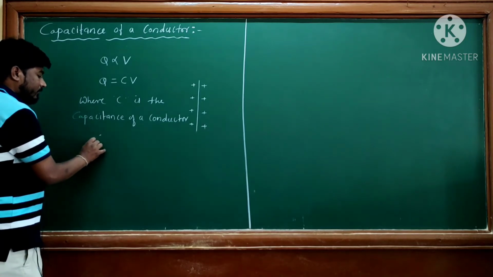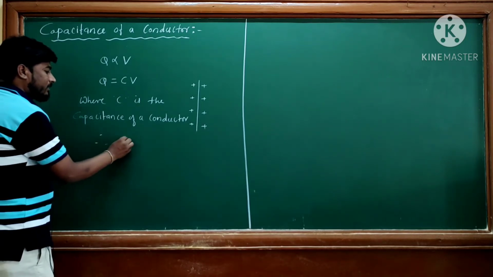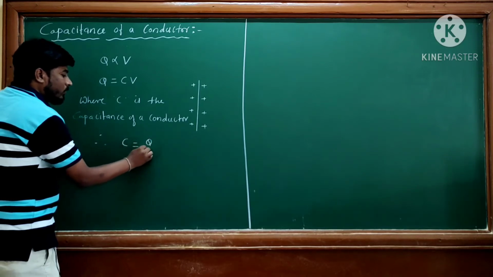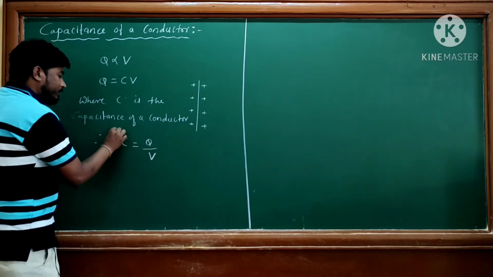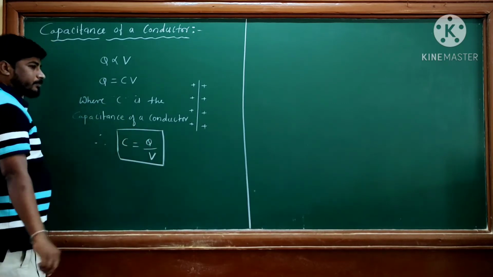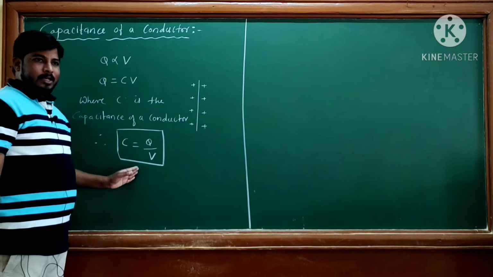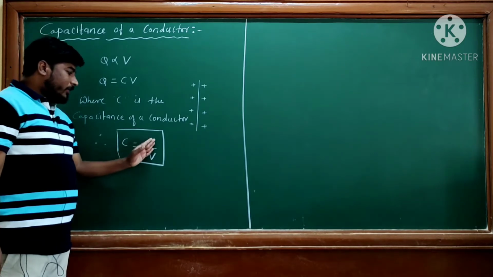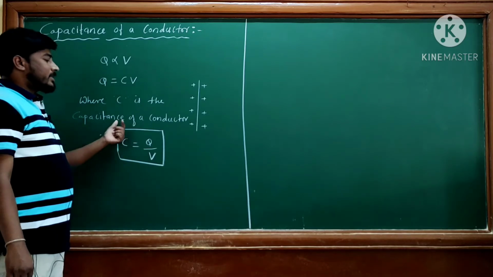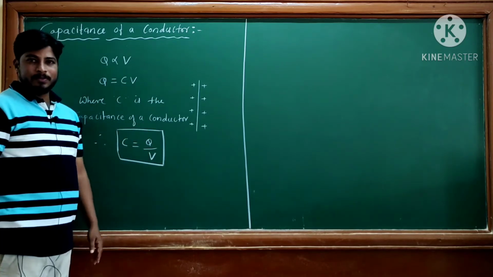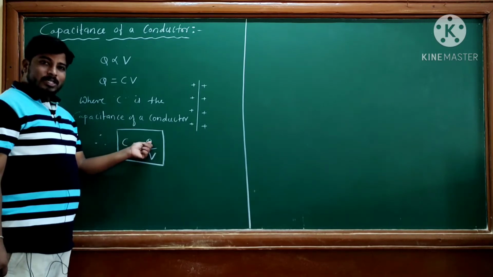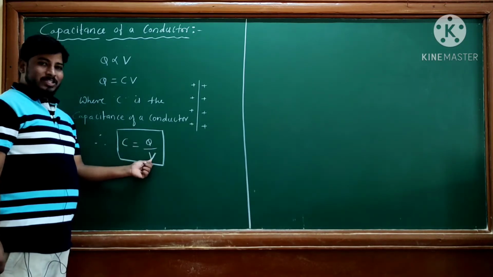Therefore, we can write the capacitance of the conductor, C is equal to Q divided by V. From this relation, we can define the capacitance of a conductor now. Q is the charge here, V is the potential.